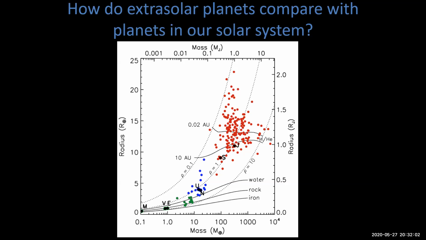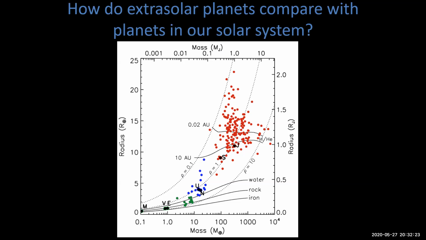And then again, going back one more time, the density. If you can get the mass and the volume of the planet, you can find the density of the planet. This tells you what the planet is made out of.